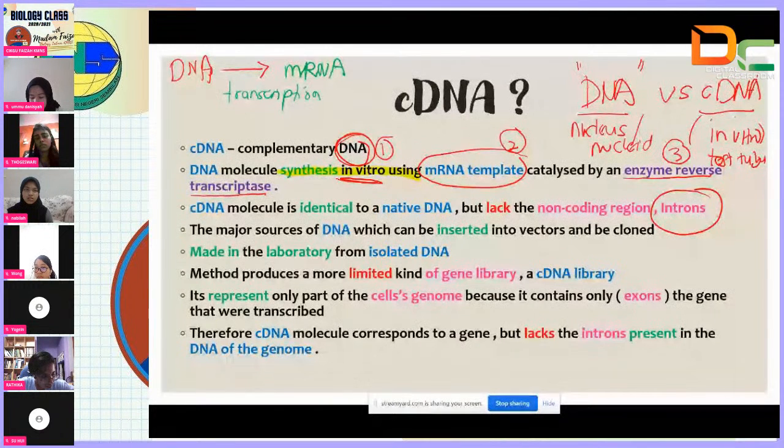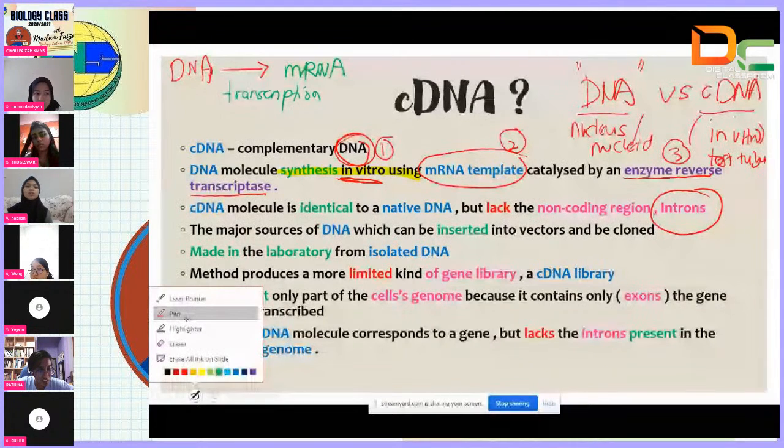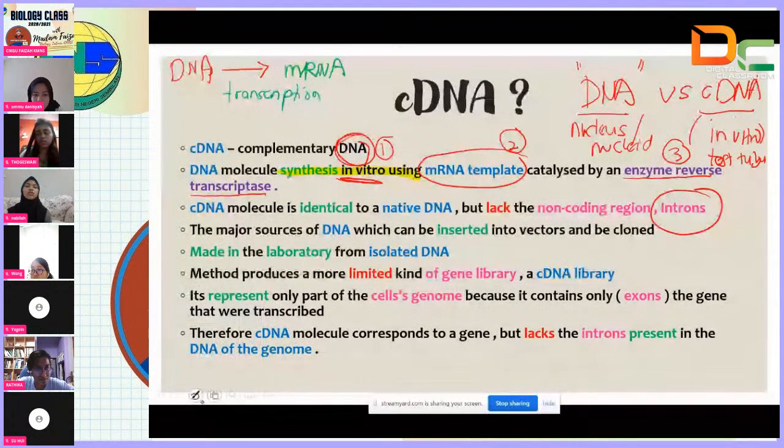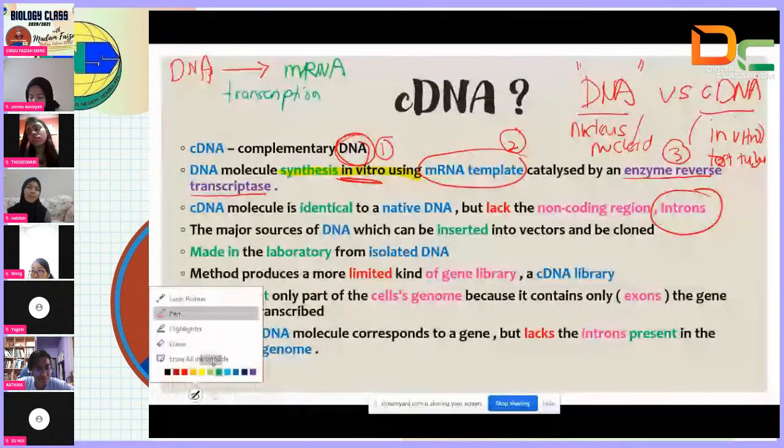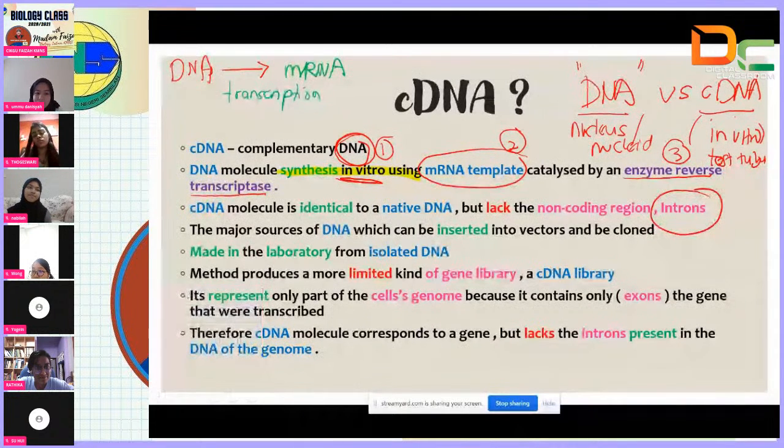Then DNA to mRNA, we call it transcription. Yes, transcription, DNA to mRNA. So we are looking at this stage.